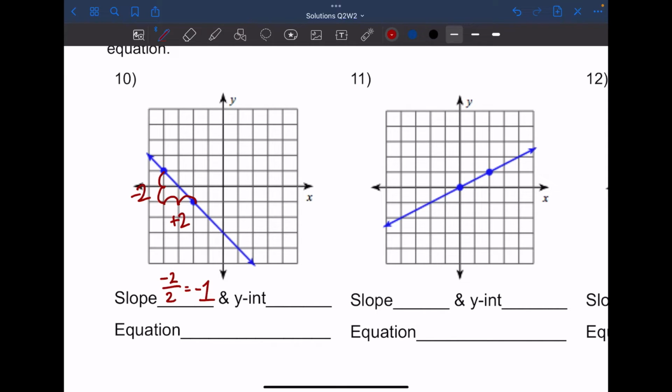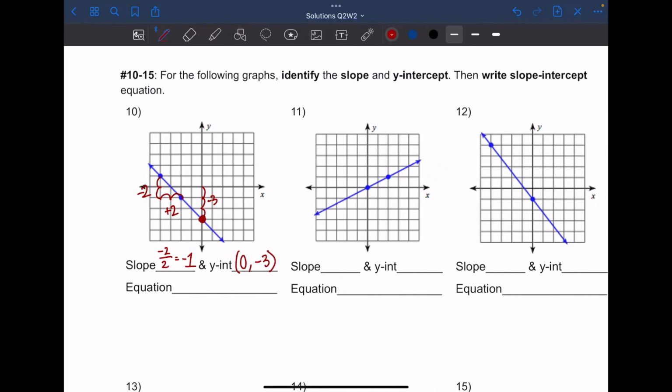And the y-intercept is going to be wherever it crosses the y-axis, and that's that big red dot right there. So that looks to me like it is at negative 3 from my origin. So 0, negative 3. So now we're going to use y equals mx plus b and fill in that info.